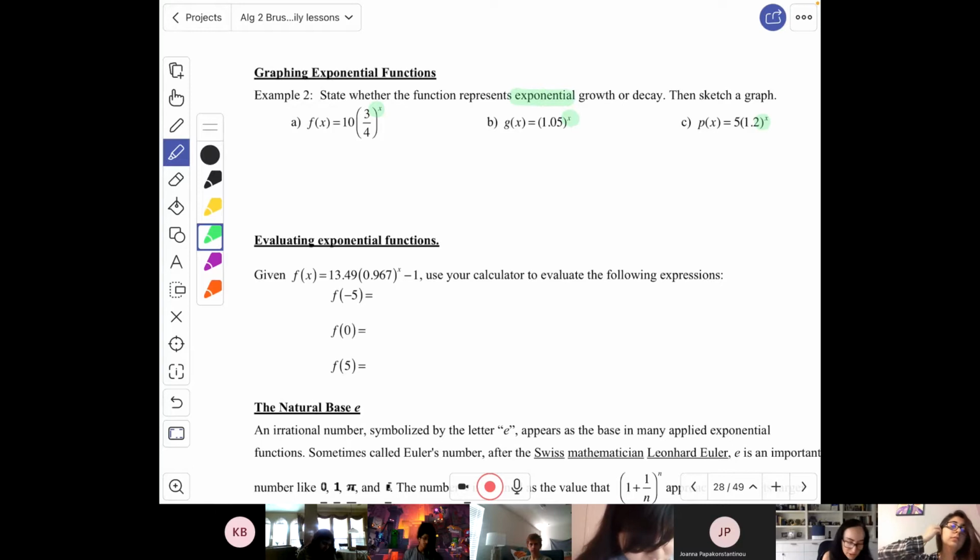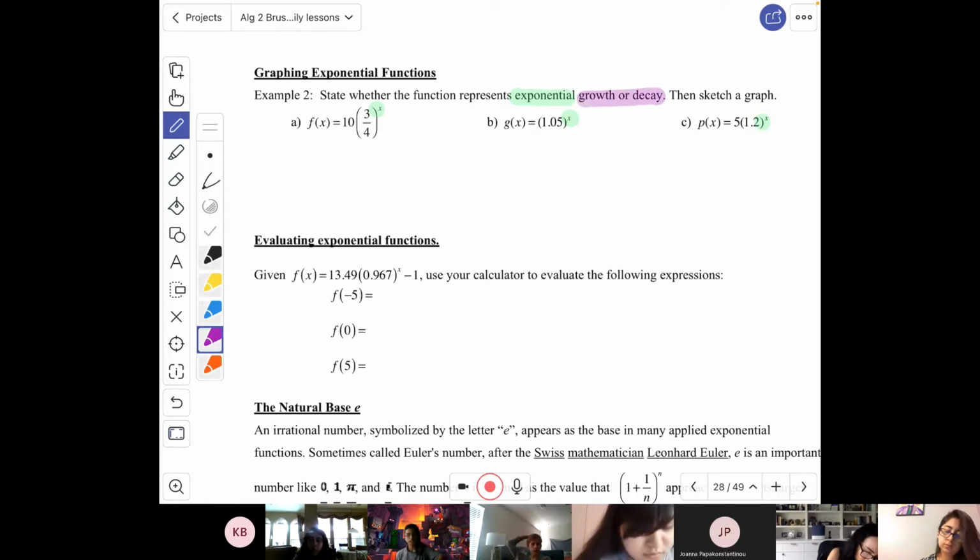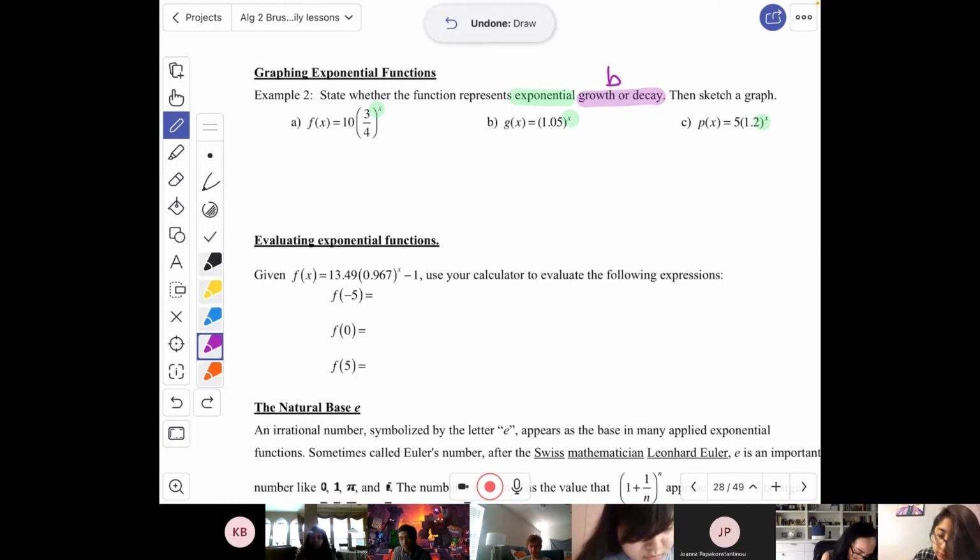Whether it's growth or decay, we look at the b value. So the b value tells us whether it's growth or decay. So what is the b value in the first example? What is b in the first example?